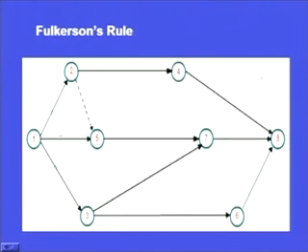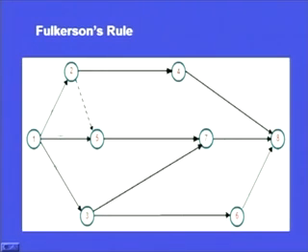Now, we want to name them. Initially, we have named the activities in terms of A, B, C and so on and so forth. Now, we want to name the nodes also. So, node numbering is done with the help of the Fulkerson's rule. Now, let us understand how this node numbering is done.